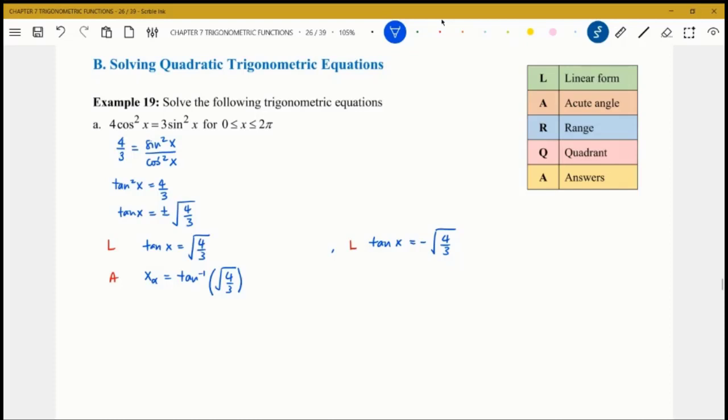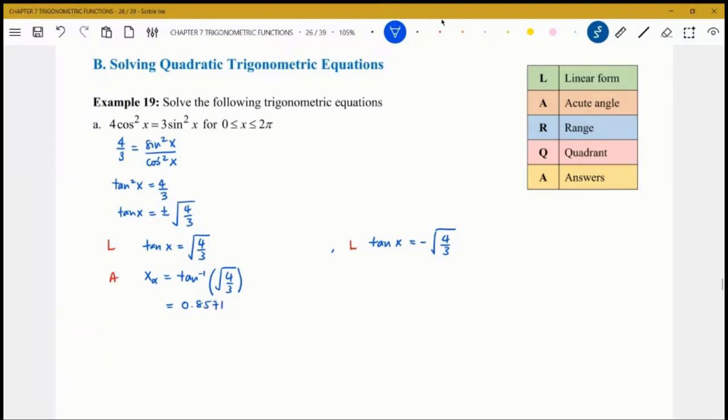So dia dalam radian. So your calculator must be radian mode. So carikan nilai dia berapa? Inverse tangent square root 4 over 3. Dalam radian. 0.8571.